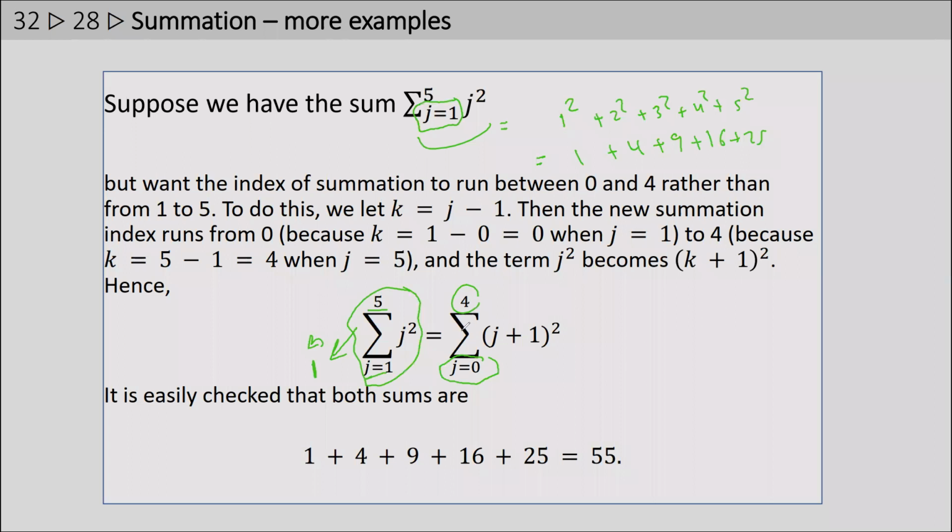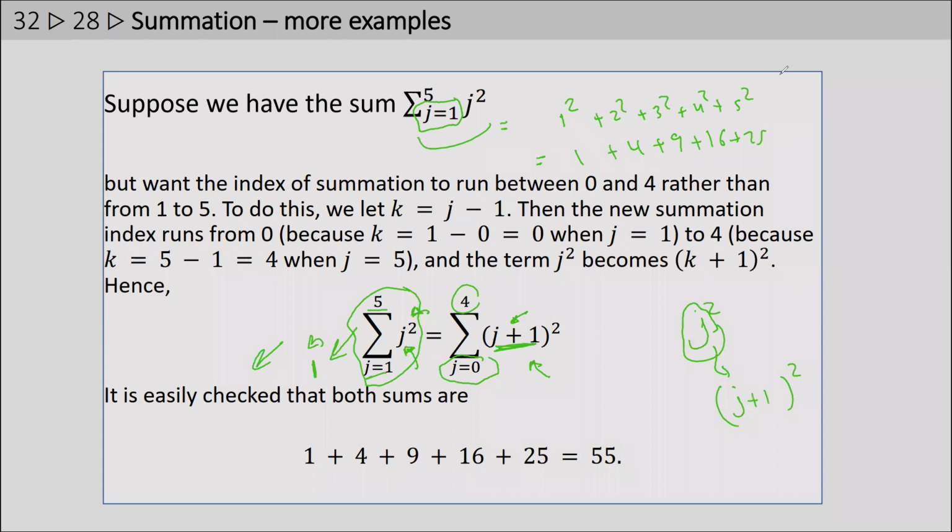Because I decreased the boundary by 1, I need to compensate inside the value which will be summed. If you decrease the boundary, increase the expression by the same value. So j decreased by 1, so here the j should be compensated by adding 1. Instead of j squared, this j will be replaced by j plus 1, all squared.